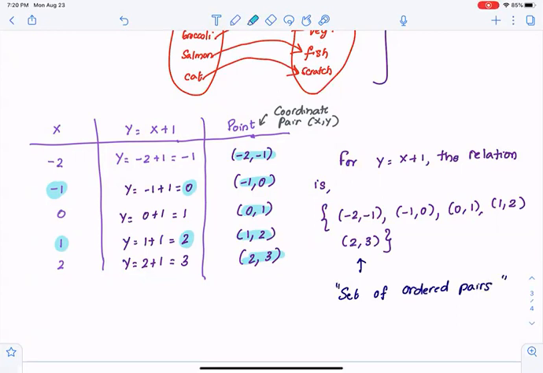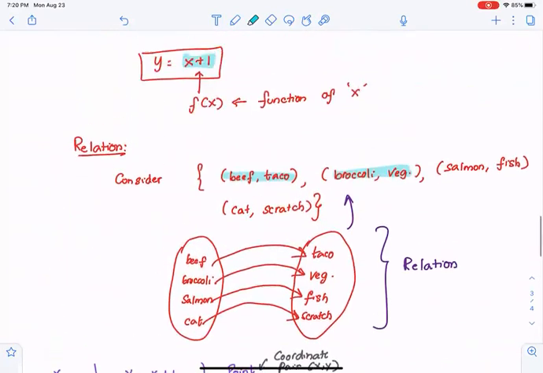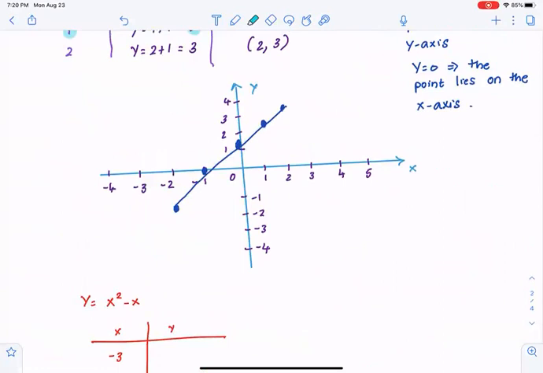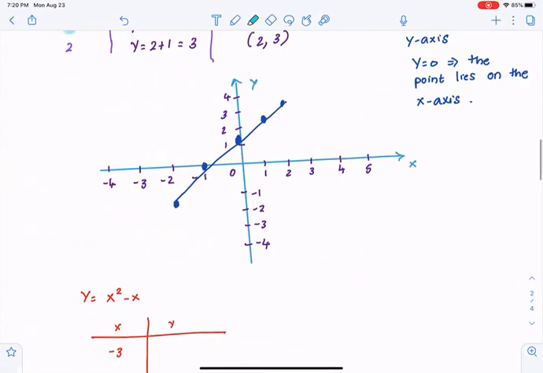The ordered part comes from the natural ordering of the real number line. If you look at the real number line, it goes from negative infinity to positive infinity, but there is a proper order to it. So it has a natural ordering, which is why we call it a set of ordered pairs.